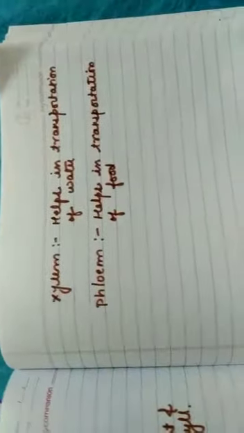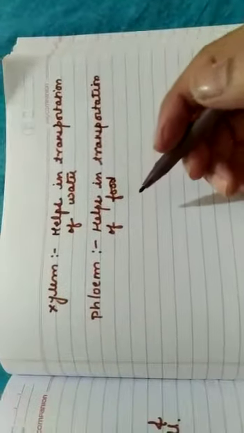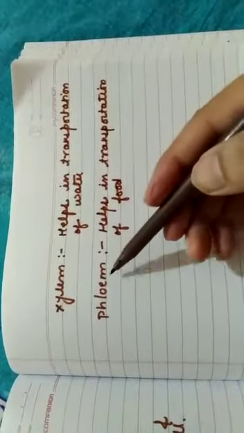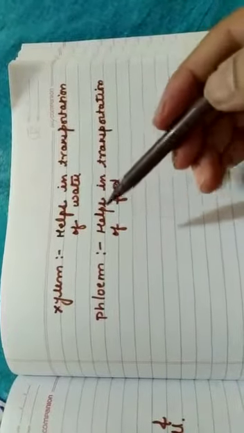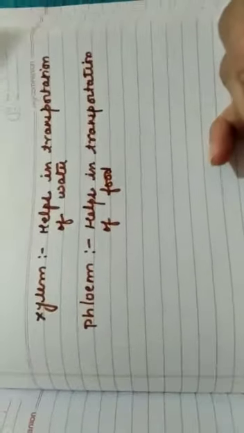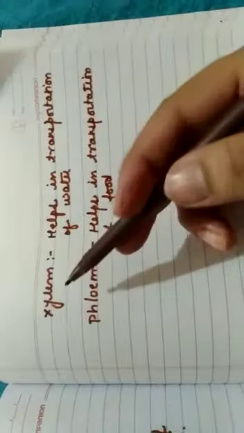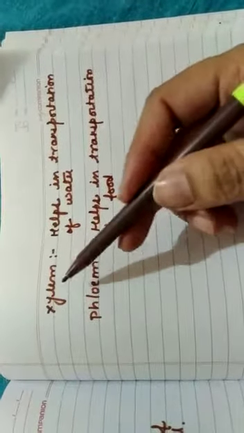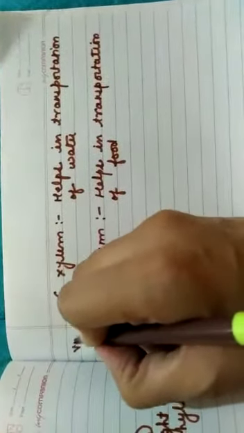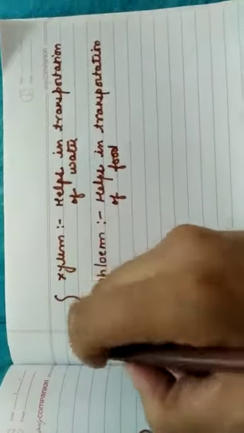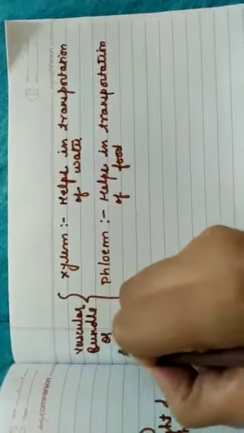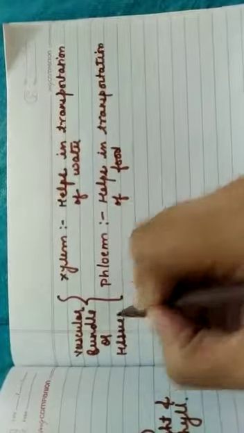After photosynthesis, the food gets stored as starch in the leaf. From the leaf, the phloem helps to translocate the food to different parts of the plant. These two important vessels together are known as vascular bundle or vascular tissue.